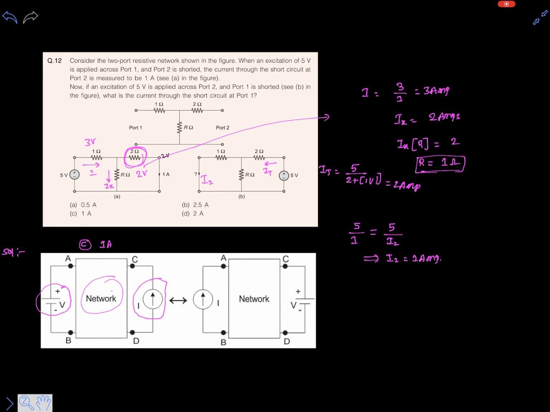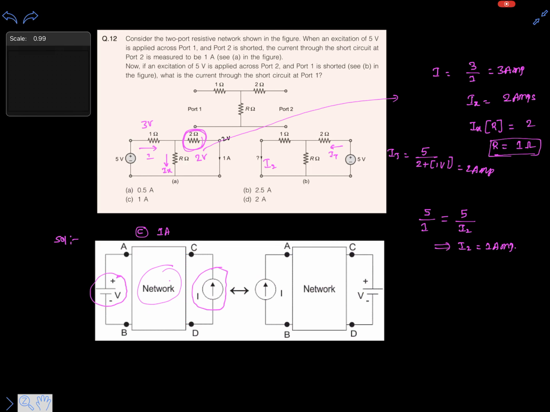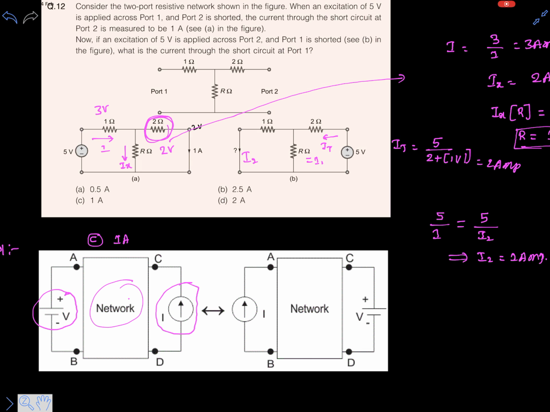This should be equally divided between 1 ohm and 1 ohm, because we already know that R is 1 ohm. So I2 will be 2 over 2, divided equally between 1 ohm and 1 ohm. So this is 1 ampere, and option C will be the correct answer.